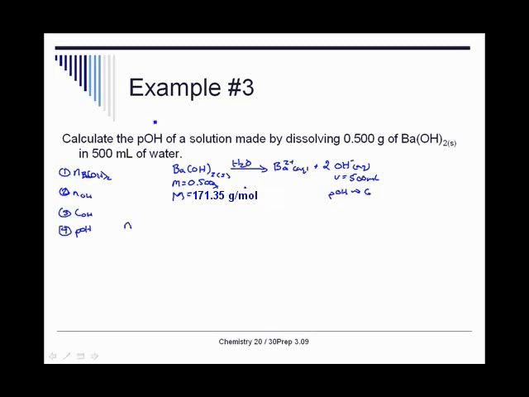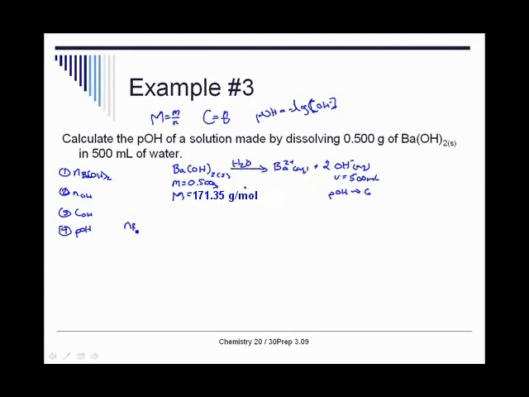So first, again, I'm going to write down my formulas here: the molar mass formula, the concentration formula, and my pOH formula. There we go.